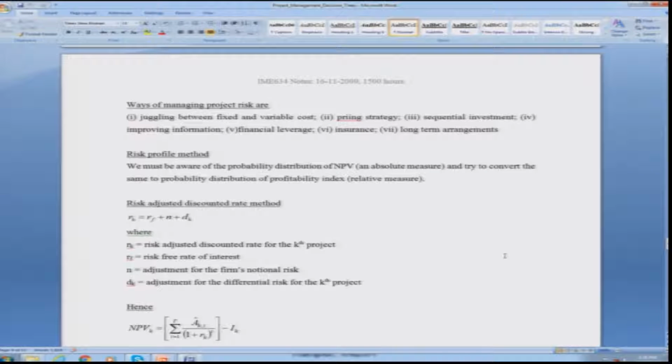So, in the risk profile method, we must be aware of the probability distribution, which is the net present value, which is absolutely a fixed term, and net present value is very simply the expected value, and try to convert the same to the probability distribution of probability index of relative measures such that you are able to compare the risk based on the fact that the concept of interest rate can also be brought into the picture.